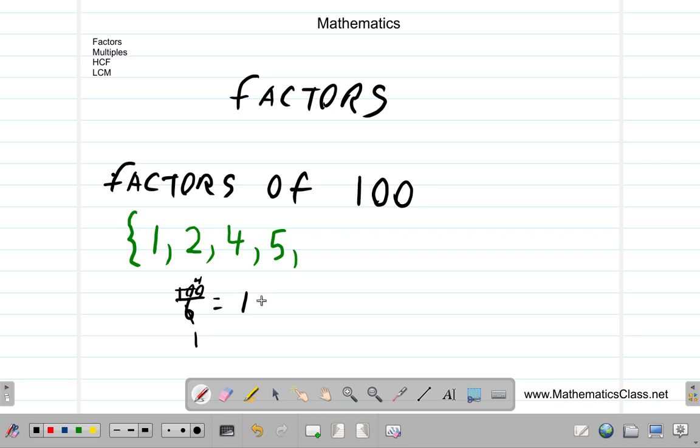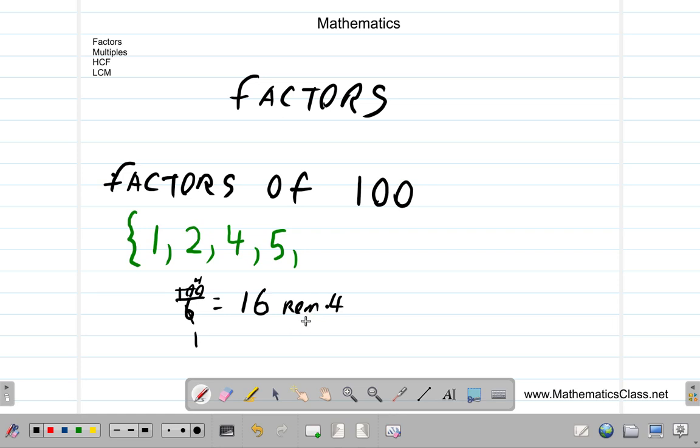Well, 6 sixes are 36. How much is left over? Well, it's 4. Remainder 4. When you divide 100 by 6, you get your answer, yes, but you get a remainder of 4. So since you get a remainder, 6 is not a factor of 100.